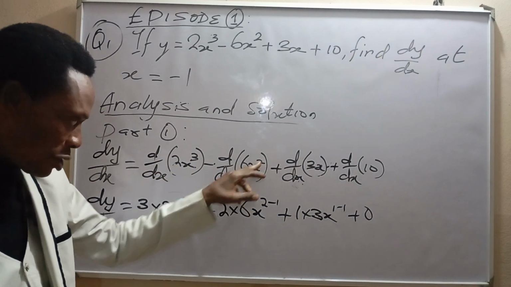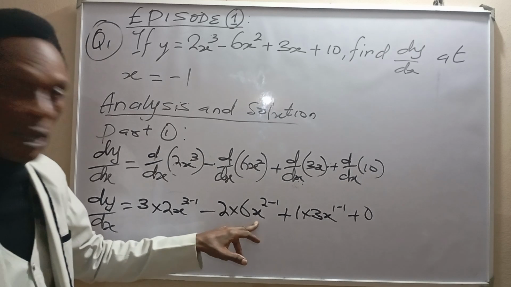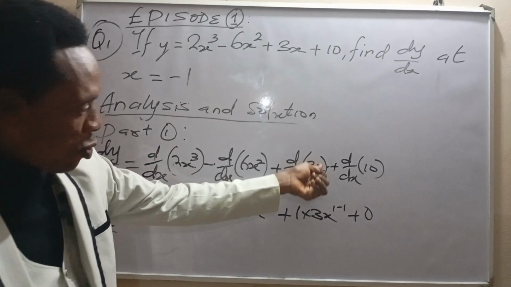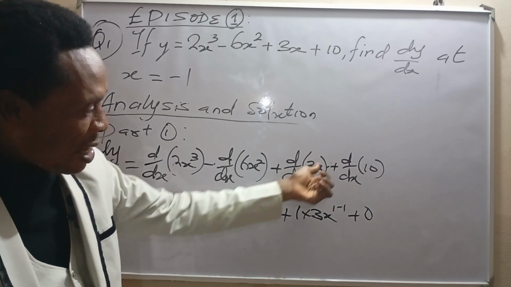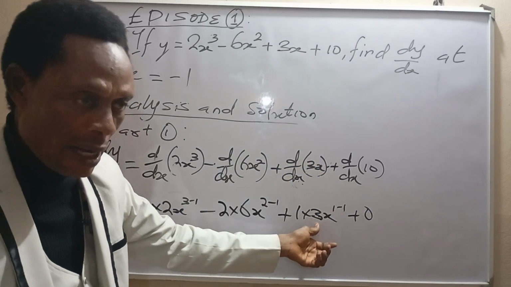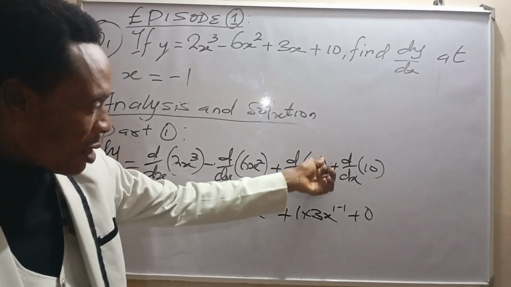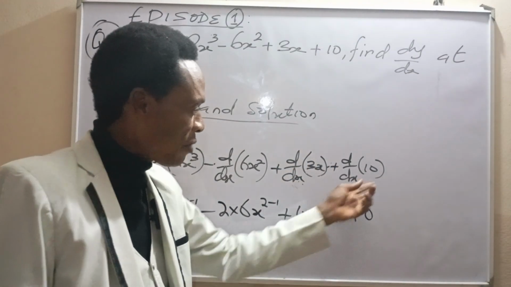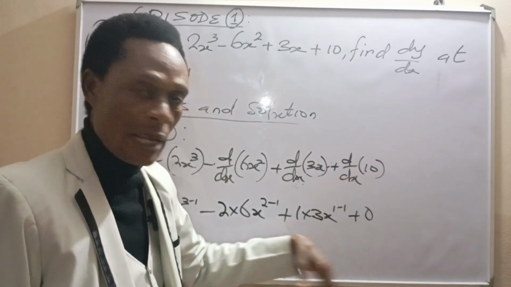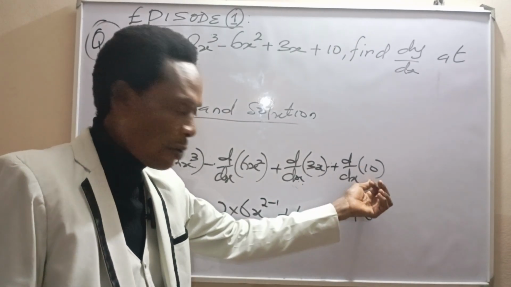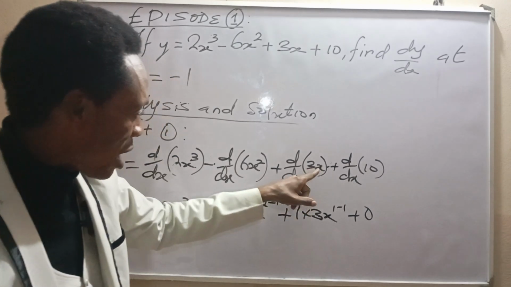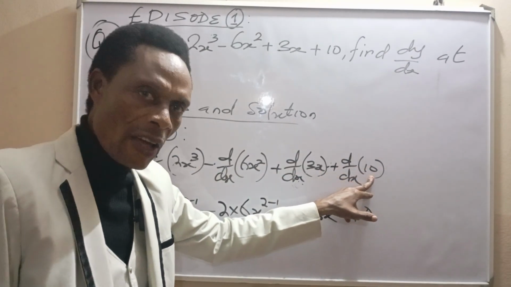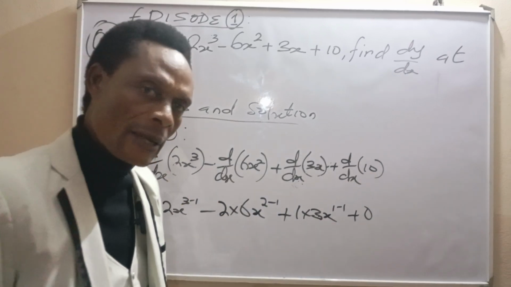Minus 2 times 6, x raised to the power of 2 minus 1, plus the coefficient of x is 3 and the power is 1, so 1 times 3x raised to 1 minus 1, plus the differential coefficient of the constant, because 10 is a constant. There is no variable attached to it, unlike the others.